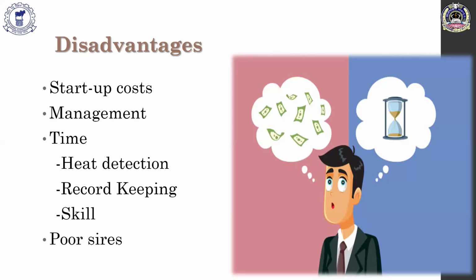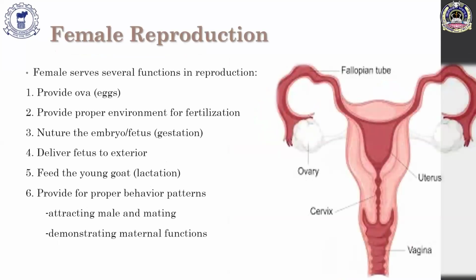Without skill and proper knowledge, artificial insemination can't be done properly and the results will not be up to the mark. When we get a straw from a low quality sire, the artificial insemination success will go down.